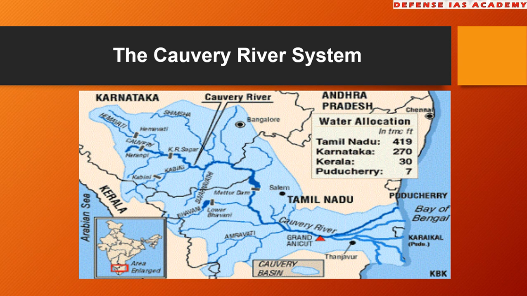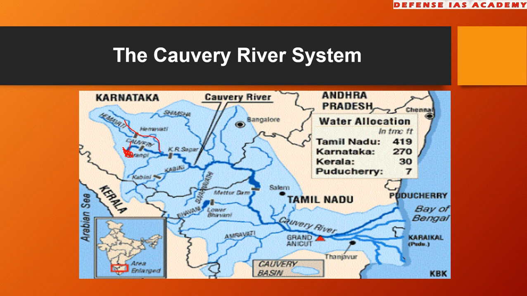So this figure shows the Cauvery river system. You can see that it originates from the Tala Kaveri, located in the Western Ghats region.